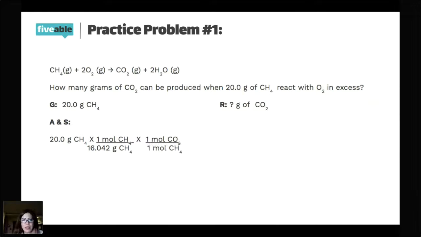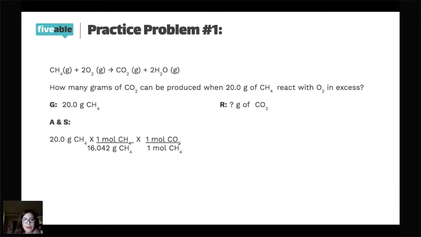And the way to do that is to use the mole ratio. And in this particular reaction, we have a ratio of 1:1. So that's why we're placing here a 1:1 ratio. Now we cancel moles of methane and we have moles of carbon dioxide on our numerator.